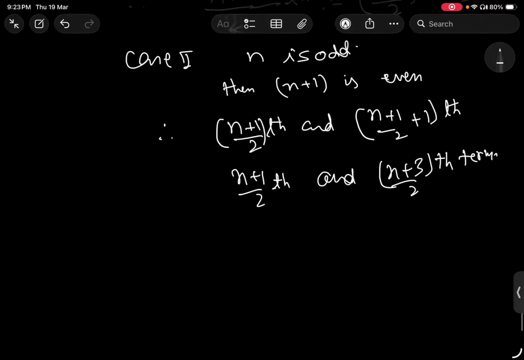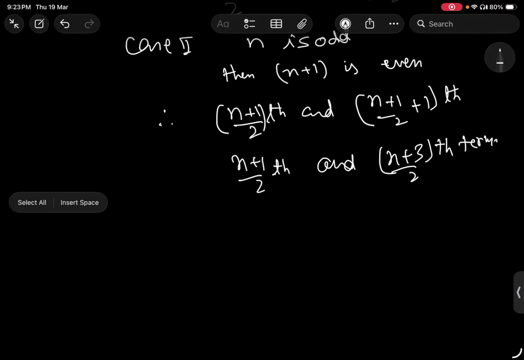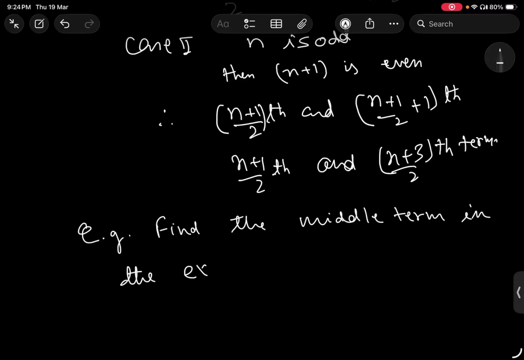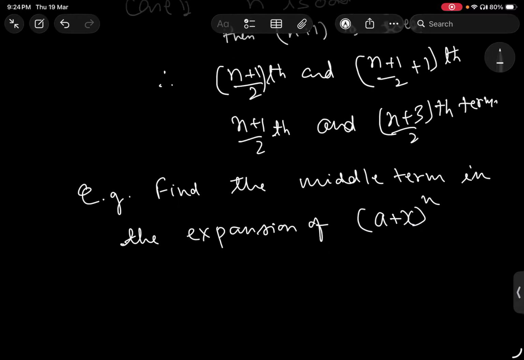So how to find the middle term? Let us take an example. Suppose we have to find the middle term in the expansion of (a + x) to the power n.